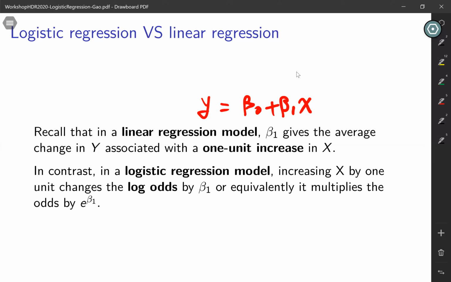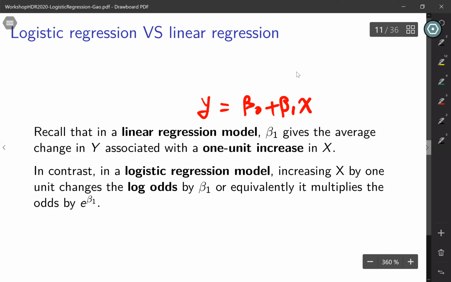Some of my students say, oh, I know how to conduct logistic regression in R. It's very simple if I know the code, right? But the most difficult part is how to interpret the outcome. So like here, I mentioned that it's very hard to directly interpret those betas.